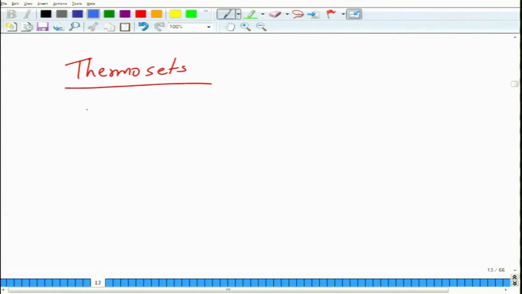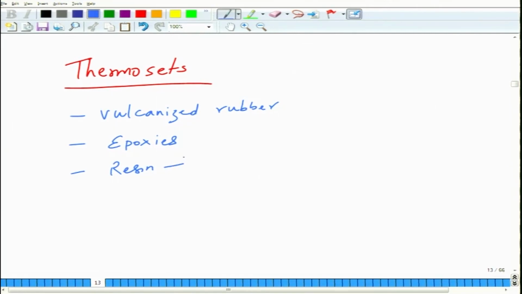The examples are, for example, vulcanized rubber, many epoxies, and resins, for example, phenolic resin, polyester resins.